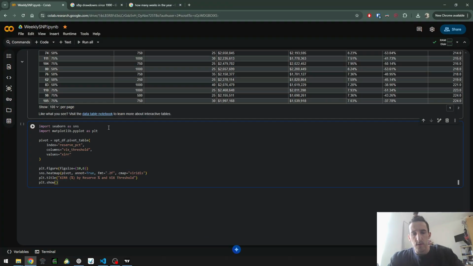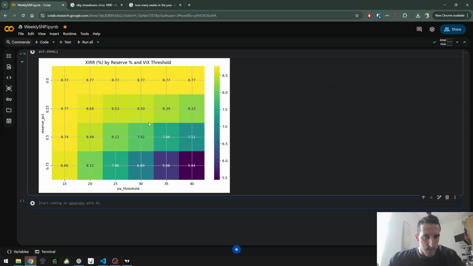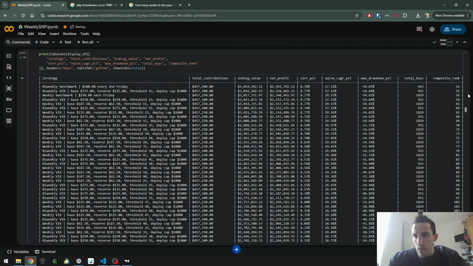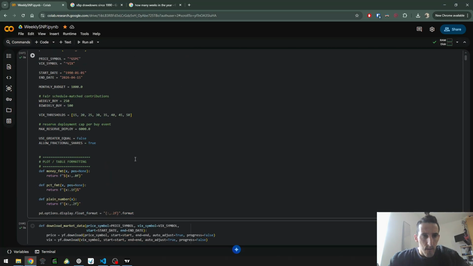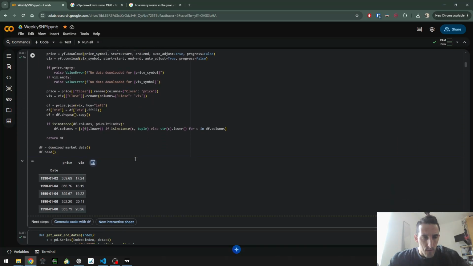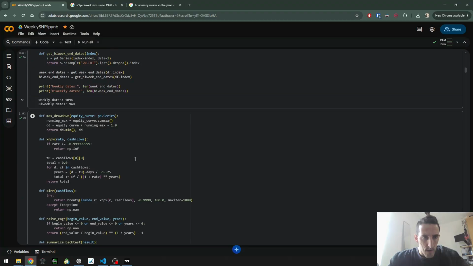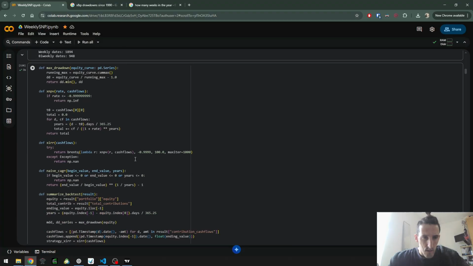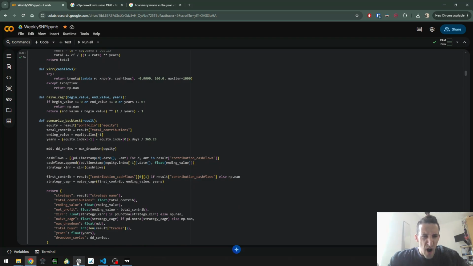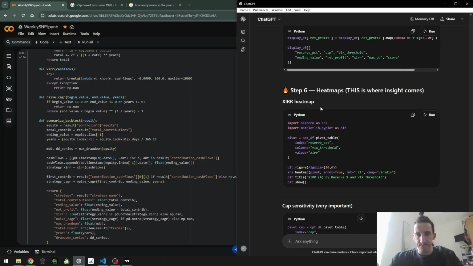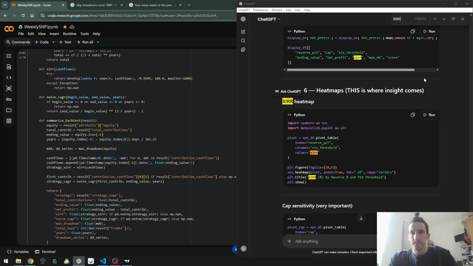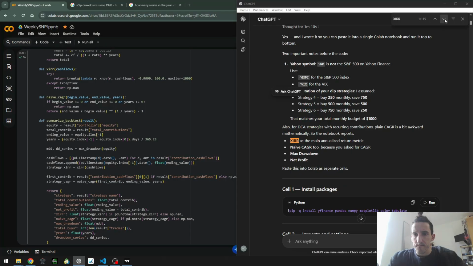Heat maps. Love those. Yep. What was XIR again? Main annualized return metric.